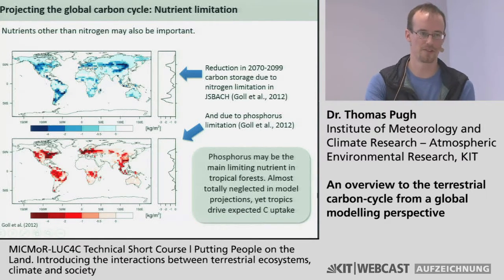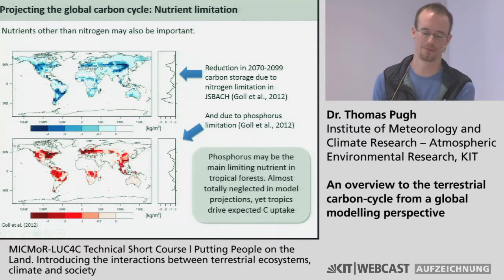However, what Daniel did was then add phosphorus cycling into the model and looked at the effects of phosphorus limitation. And once again, there's quite some limitation in the mid-latitude regions, or they're actually in different areas, you notice. But there's also quite a lot of limitation on the uptake of carbon, or the carbon stocks, in the tropics.